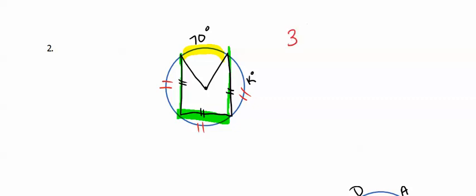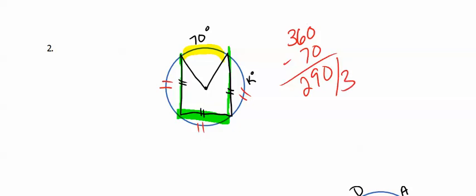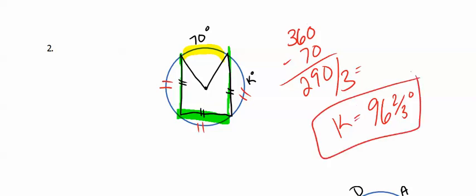So what we do is we take 360, because we know that is what a circle is, subtract 70 from it, we get 290. And since we know those are all congruent, we'll divide that by 3. And that gives us 96 2/3 degrees, which would be K.